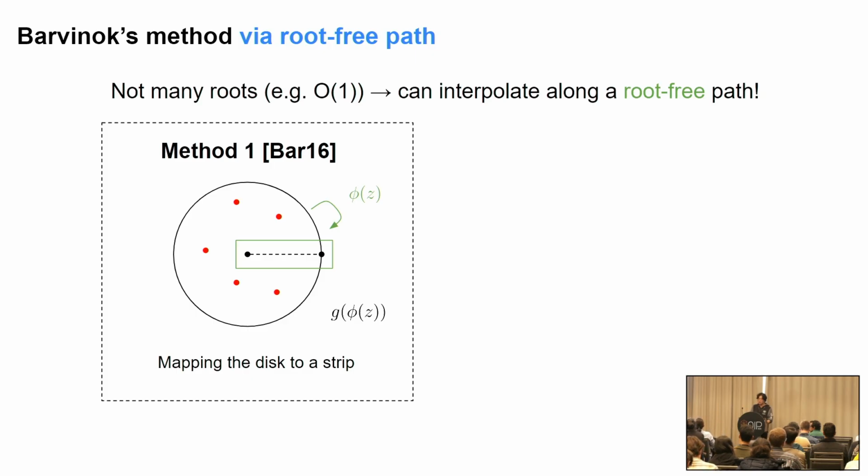This polynomial is easy to define and has a degree at most exponential in terms of how narrow the strip is. So if the circle doesn't have many roots, then the strip will likely have no roots inside. Then we can Taylor expand log g(phi(z)) instead, which gives us a good Taylor expansion.